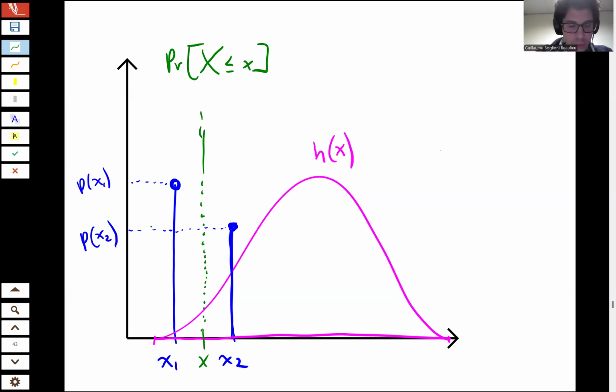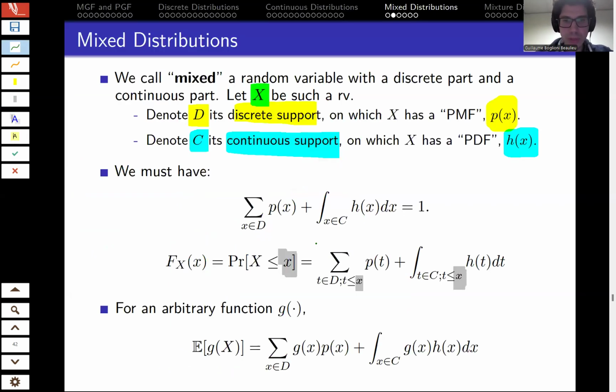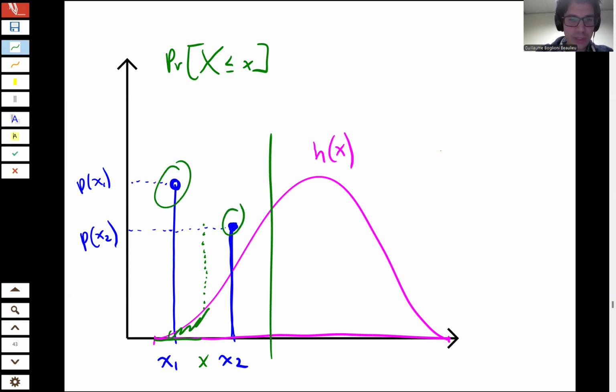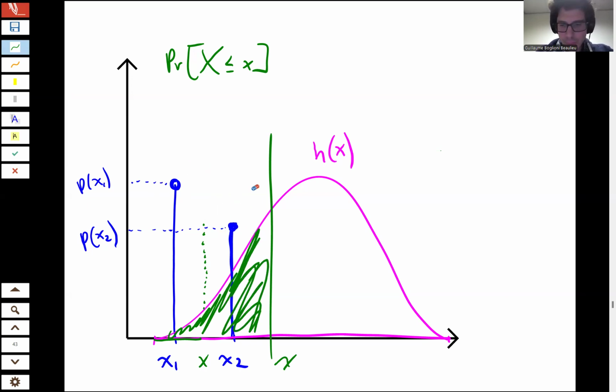We would sum to this the integral of hx from this value here up to little x. Okay, which would correspond to this formula here, px1 plus the integral on the support up to the value little x. Of course, if little x was somewhere else, you would have something different. If little x was, let's say, here, well, then of course you would need to sum px1, px2, and then the integral on this part up to x.